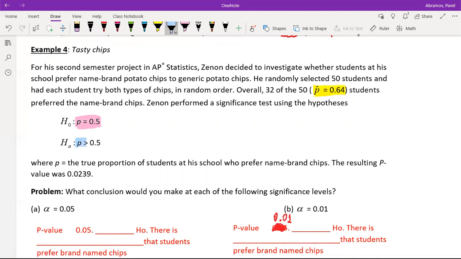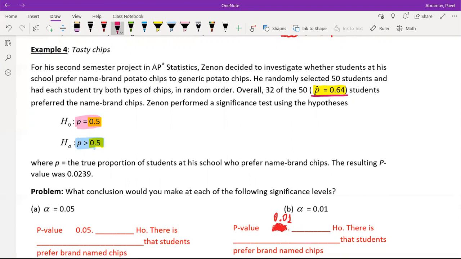So p is greater than 0.5. Notice that in both cases, we're using the same numbers in both the alternative and the null hypothesis. So this value right here that was found as the result of this experiment is not really included in the null hypothesis or alternative hypothesis, and it never will be.